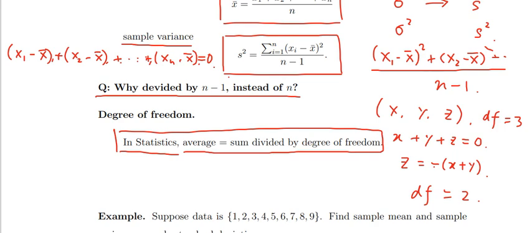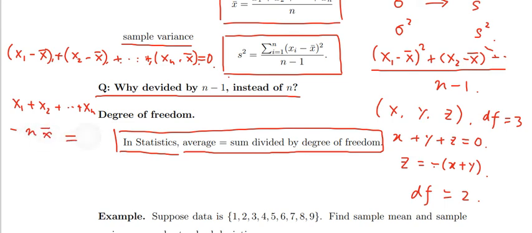Okay. And why does this always equal 0? This is also easy to confirm. Let's add them up. This equals x1 plus x2 plus xn, then minus x bar, how many x bar? Minus n x bar.